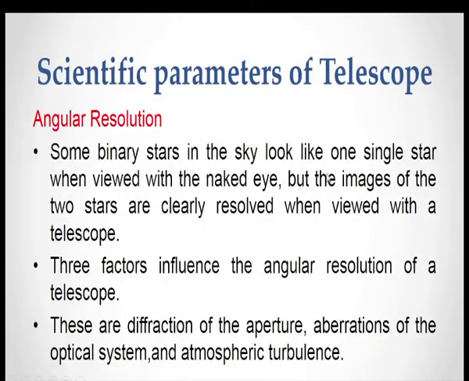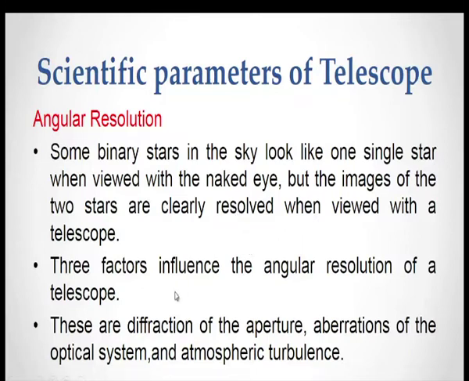This is how angular resolution plays an important role among the parameters of a telescope. If the angular resolution number is very small, then some binary stars in the sky can be resolved into two very clearly with a telescope having high angular resolution.